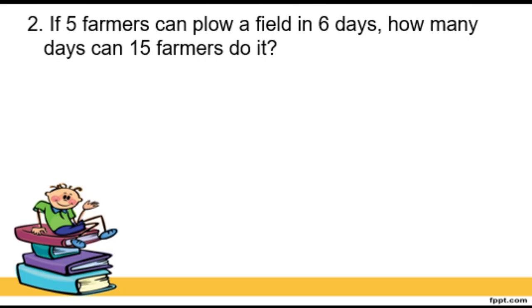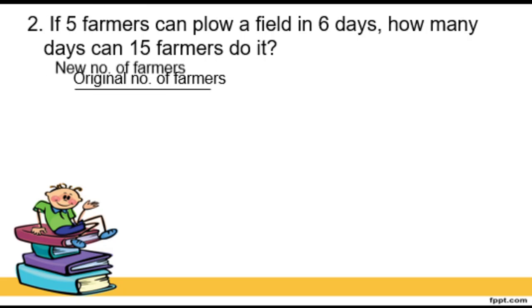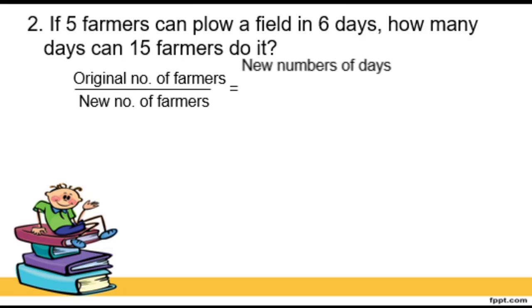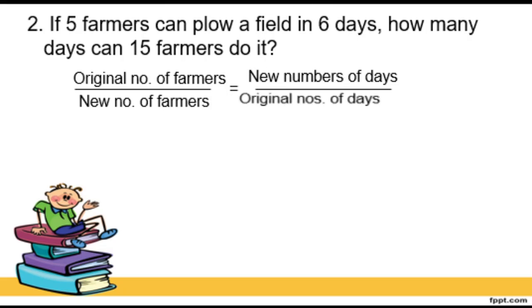If 5 farmers can plow a field in 6 days, how many days can 15 farmers do it? Take note, 5 farmers in 6 days. 15 farmers, how many days? So, inverse proportion. That will become original number of farmers over the new number of farmers equals the new number of days over the original number of days.